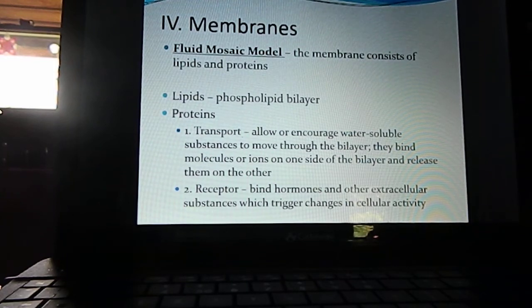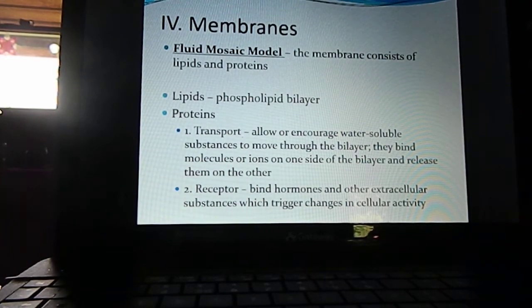If you punctured a membrane and then pulled whatever you used to puncture the membrane out, those phospholipids would just move right back and cover that hole because of their water loving and water fearing makeup. All right, and so you have these phospholipids, and they're fluid. They're not like concrete. It's not like a concrete wall.